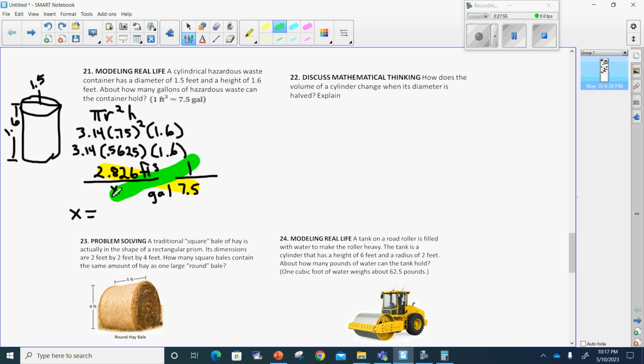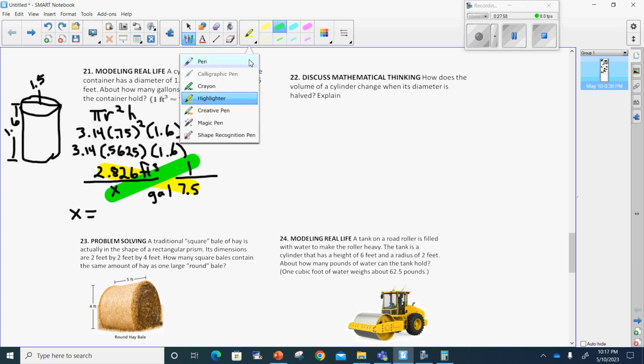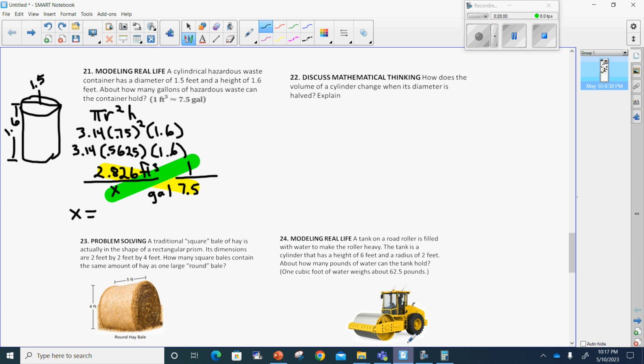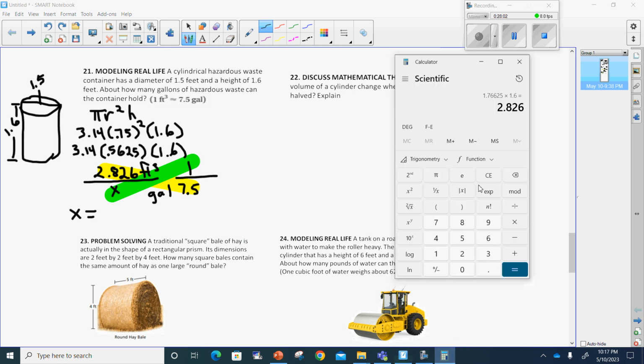Okay, and let's solve this. I've got 2.826. I'm going to multiply it by, let's see, I believe we have, yes, 7.5.